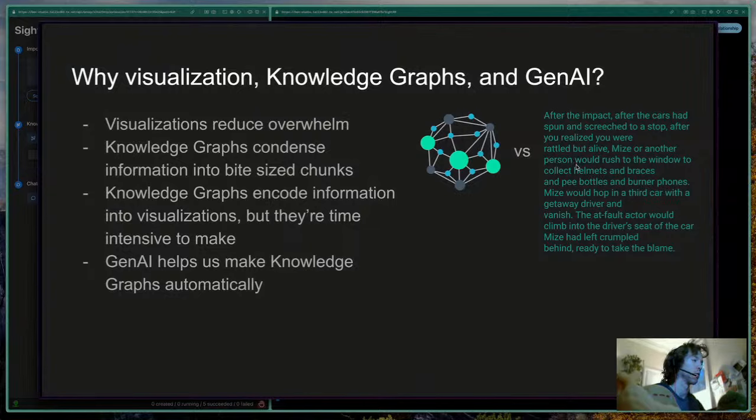Don't know what's important or what you should look at first. It helps condense information into bite-sized chunks, and they encode information into visualizations, but they're time-intensive to make by hand. Generative AI helps us make knowledge graphs automatically.